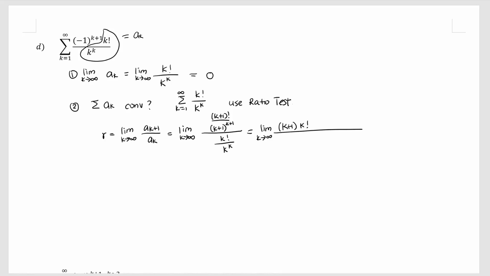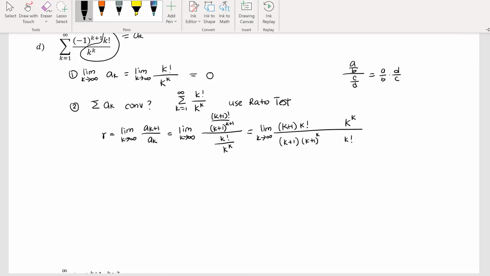The bottom we can split as k plus 1 and k plus 1 to the power of k. For k factorial, we put it downstairs. Remember, a over b over c over d is a over b times d over c. And k to the k, we put it upstairs. So what can we cancel now?